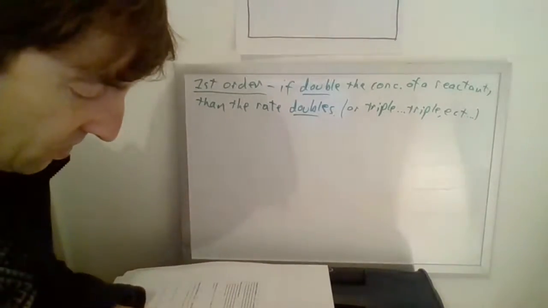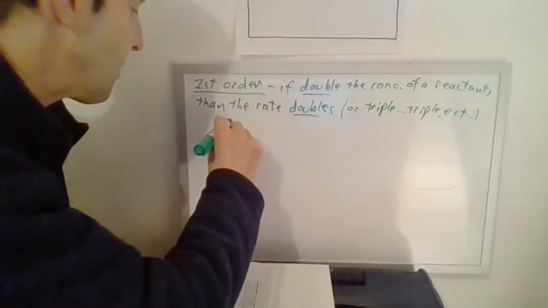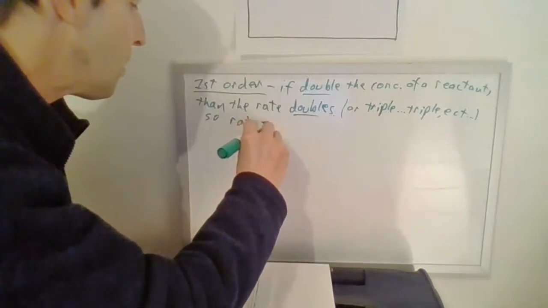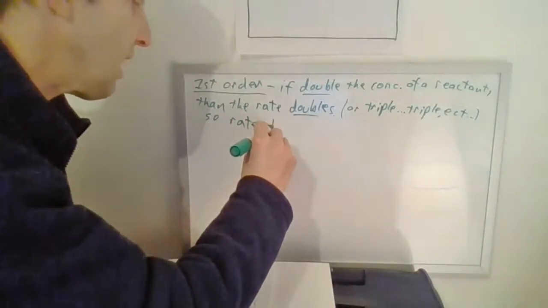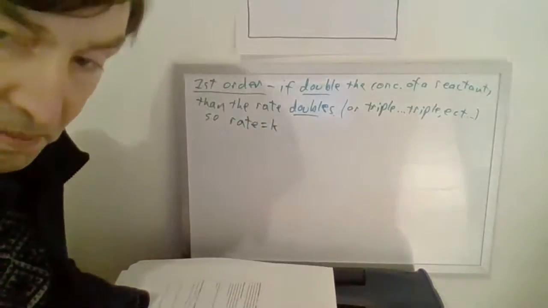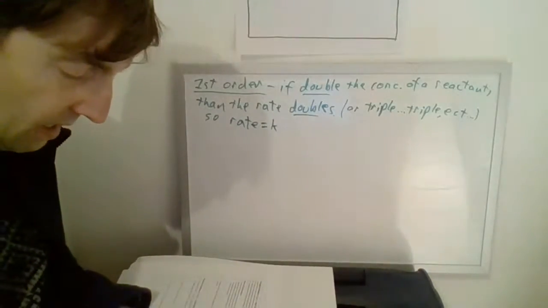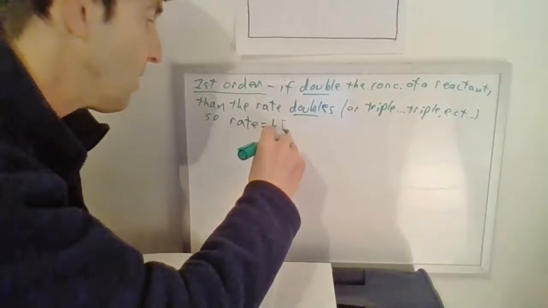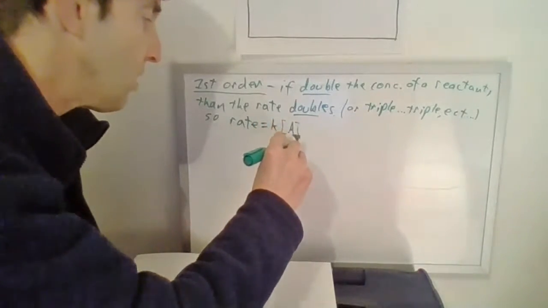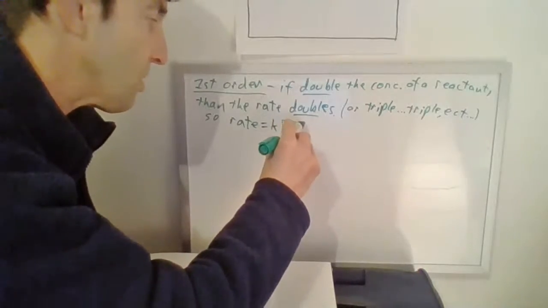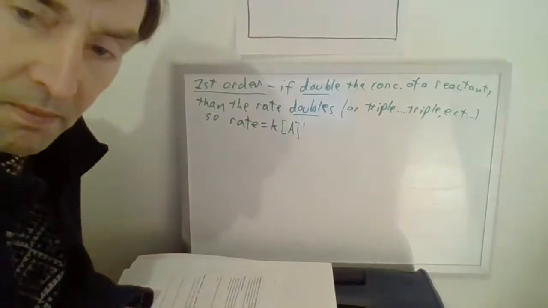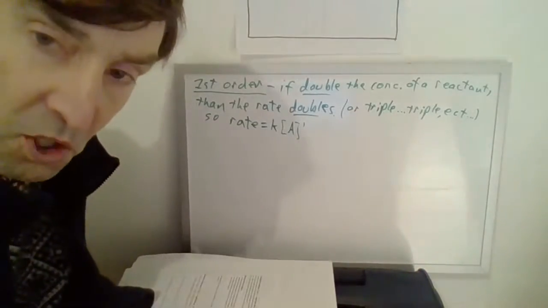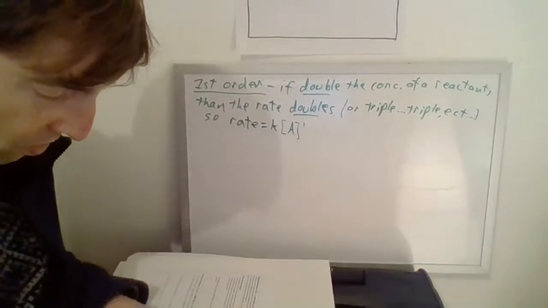All right, what this means is the rate equals some constant, k, and again, it's different for every reaction, times some chemical, I'll call it A, or you can call it C if you want, like Cheryl's, to the first power. Okay? So first order, first power. That's what they mean by order.